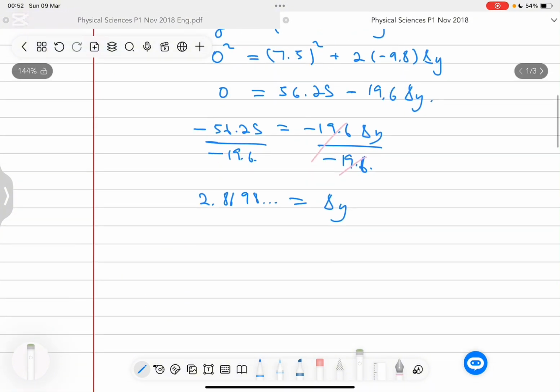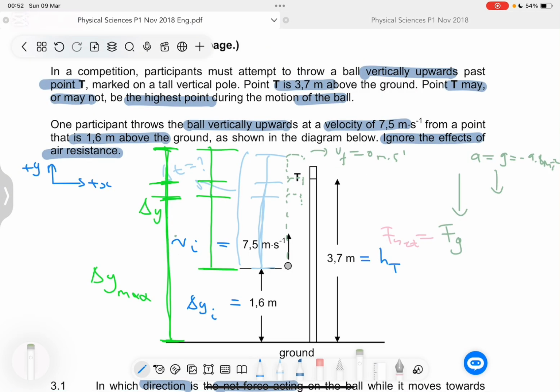And we are saying that that height, the change in y max, will be defined by change in y initial plus change in y. Now what I'm saying here is that if I take this height, change in y initial, and I add this height here, change in y, which would either be this or that, I should get this maximum height.